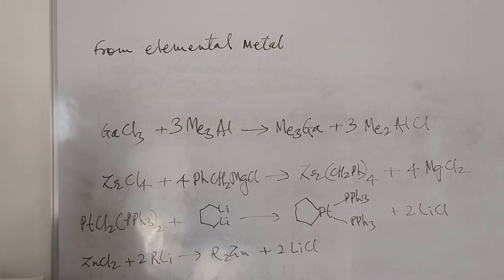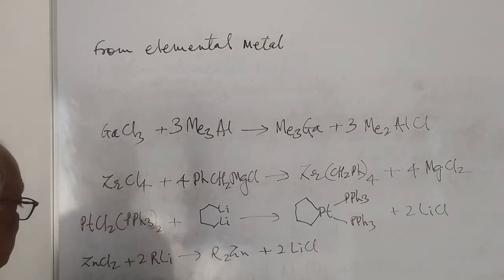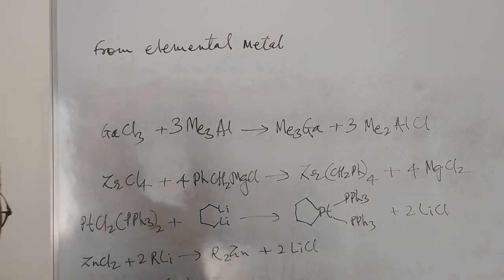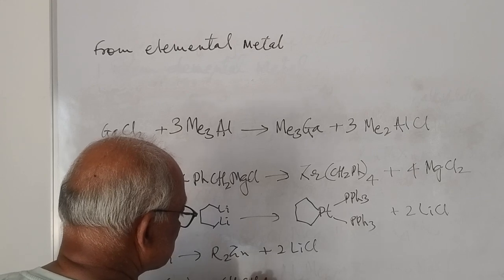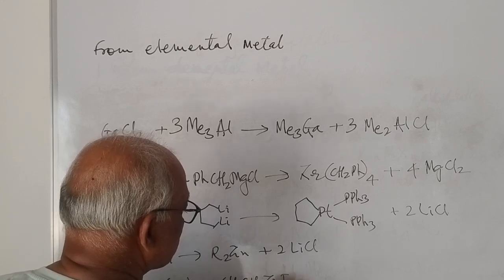Then if we take this, we have studied this reaction already, but we are taking it here again: C2H5I plus zinc copper couple. So it gives the product CH3CH2ZnI.